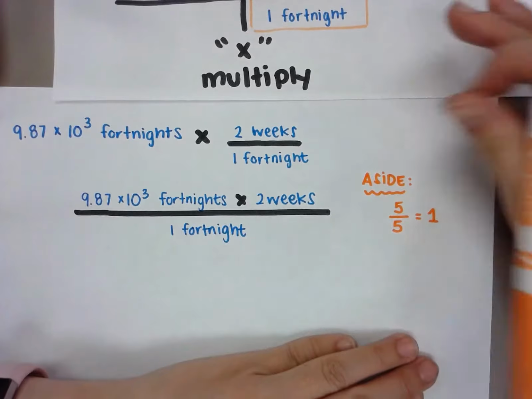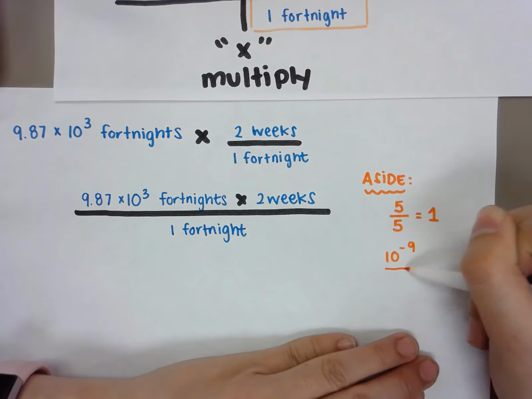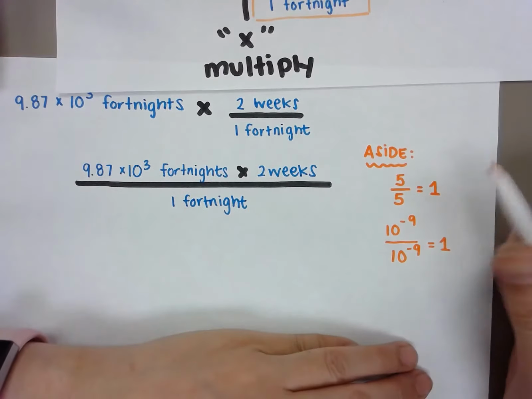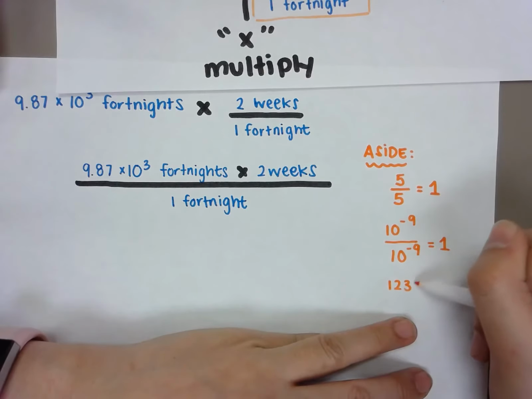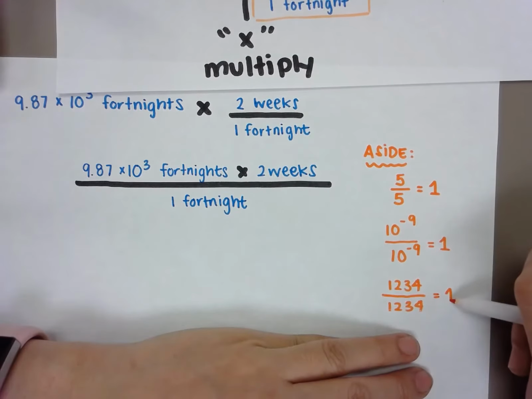Again, 10 to the minus 9 divided by 10 to the minus 9 is just 1. Similarly, 1, 2, 3, 4 divided by 1, 2, 3, 4 is also still 1.